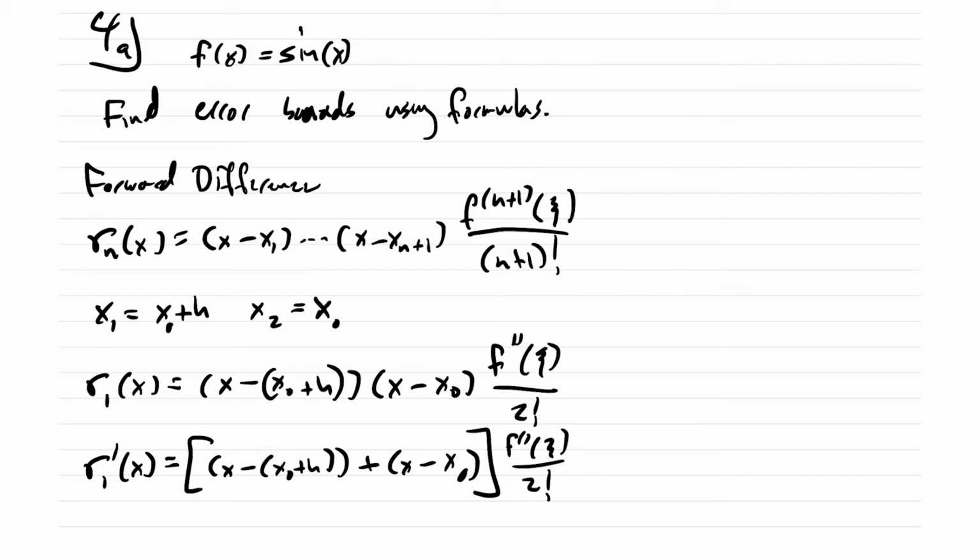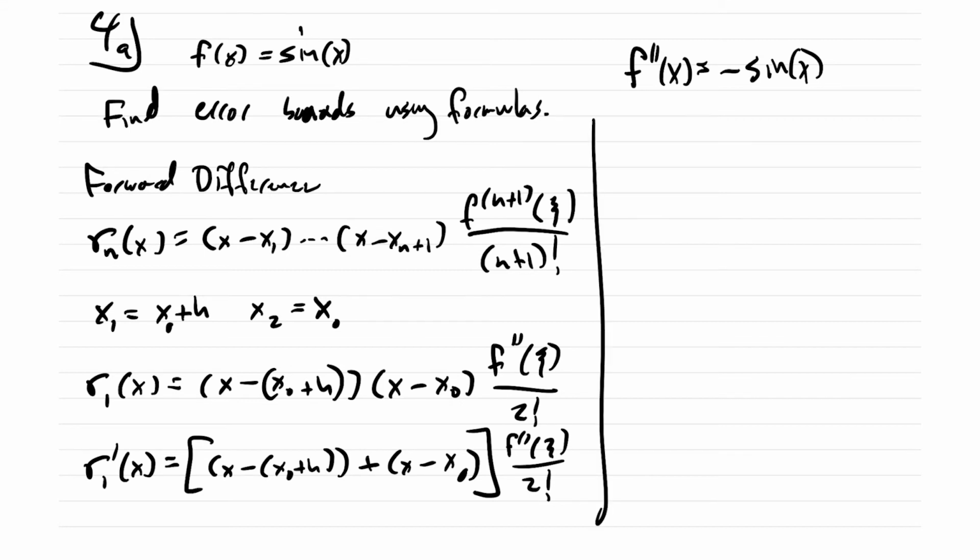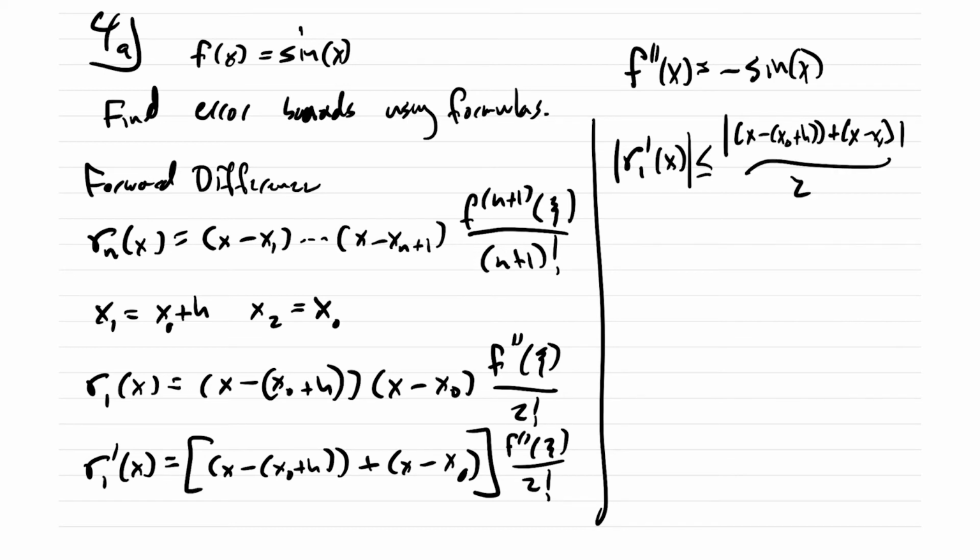Now we have a clear bound on f double prime because f double prime of x is minus sine of x, so we can bound it by 1. So the absolute value of R1 prime at x is bounded by the absolute value of x minus x naught plus h plus x minus x naught, all divided by 2.